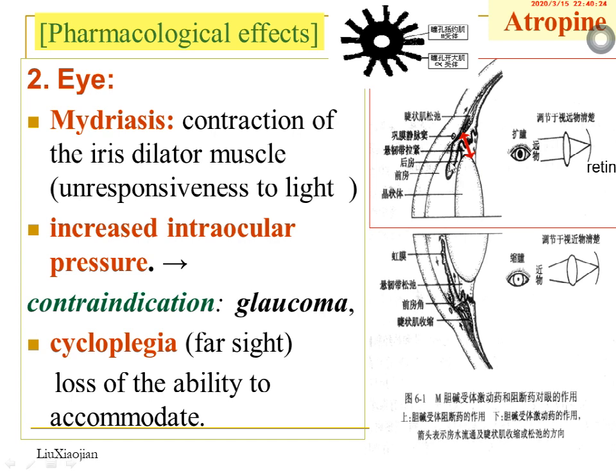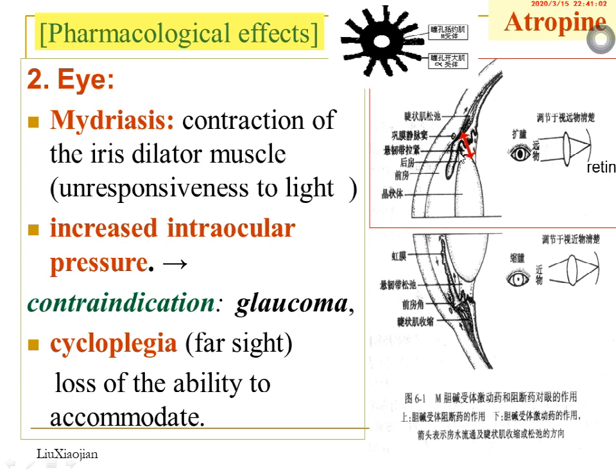And then the iris, this smooth muscle, piles up at the anterior chamber and makes this space relatively narrow. So the reflow of the aqueous humor through the anterior chamber, the trabecular meshwork, to the blood vessels is almost blocked.